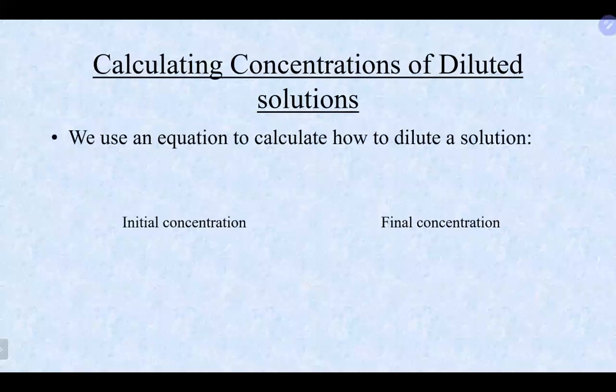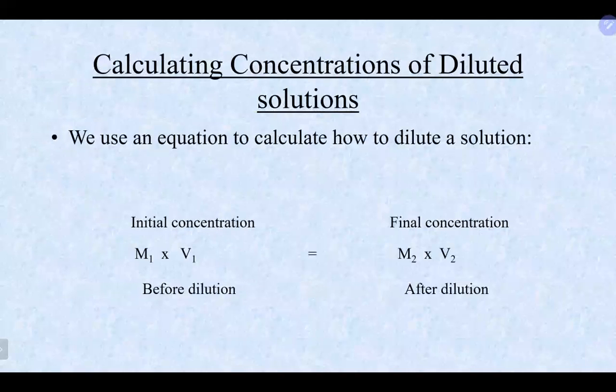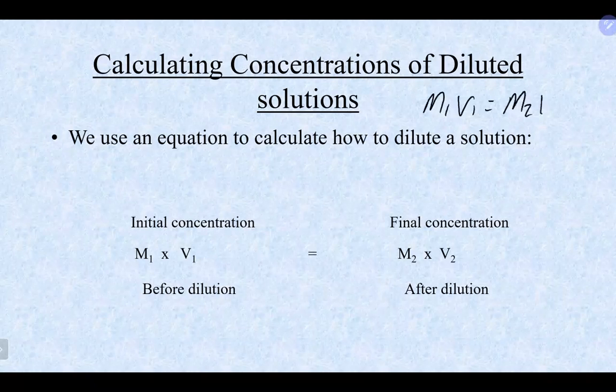So there is a formula that's commonly used to help us calculate dilutions. And this is really the most common one, which is M1 V1 equals M2 V2. The ones are usually before the dilution, and the twos are usually after the dilution.